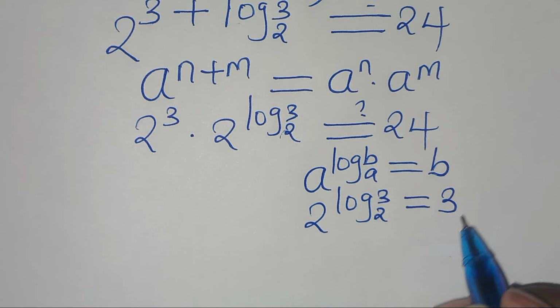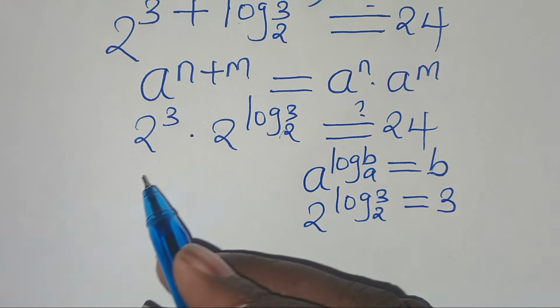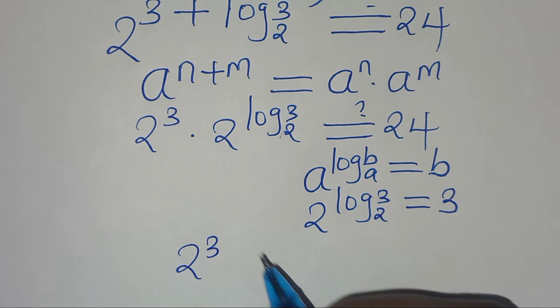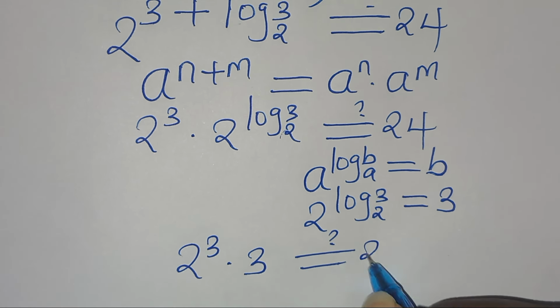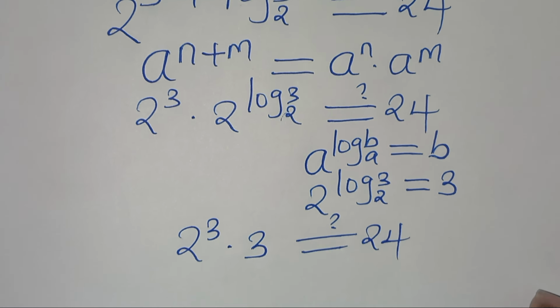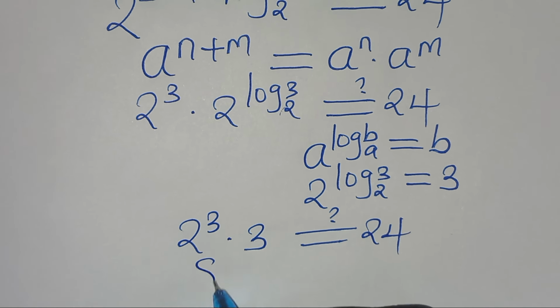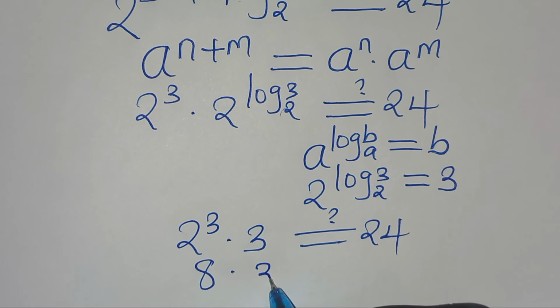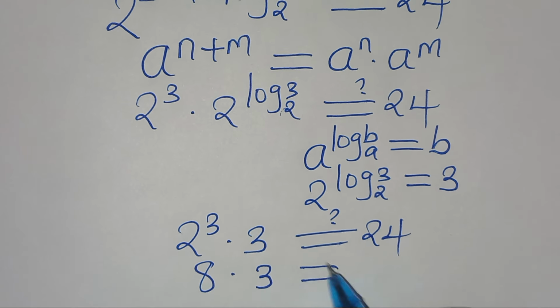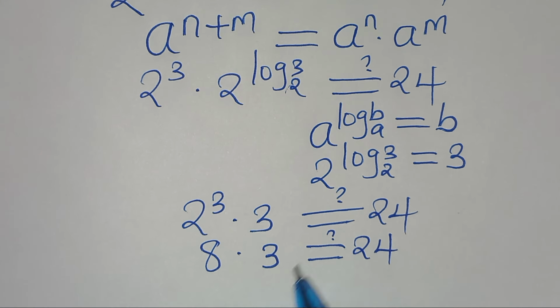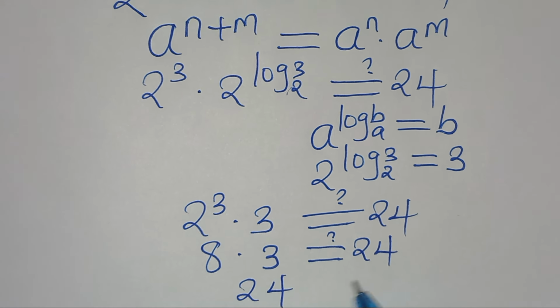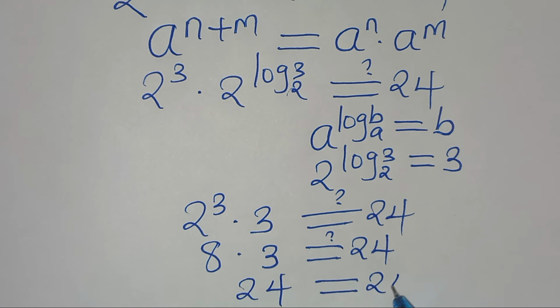And therefore, we can substitute 3 so that we have 2 to the power of 3 multiplied by 3. This should give us a value of 24. 2 to the power of 3, this is 8 multiplied by 3. This should give us a value of 24. So 8 times 3 is equal to 24, which is equal to 24.